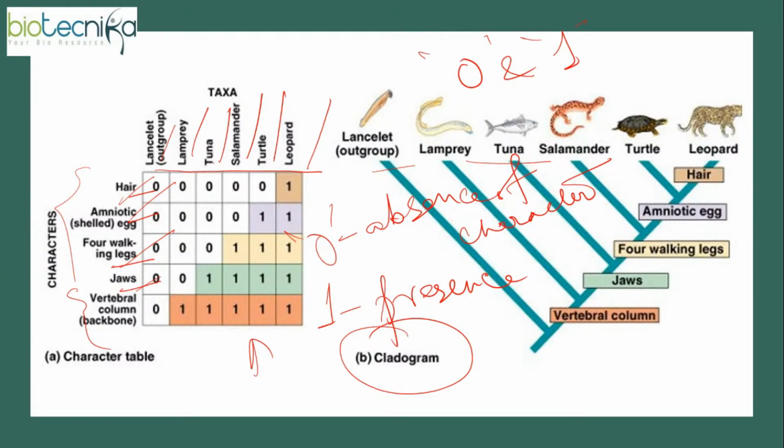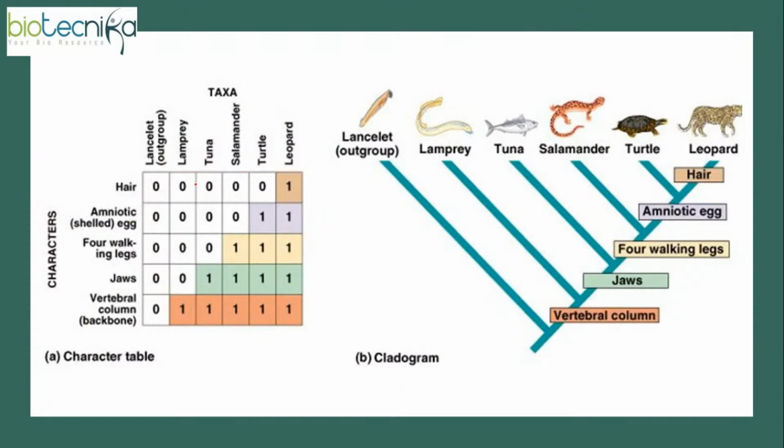Now, let me rub this off. Okay. So, can you see for lancelet, hair is absent. For lamprey, hair is absent. See, all 0 is mentioned. Are you able to follow? I hope you're able to follow.